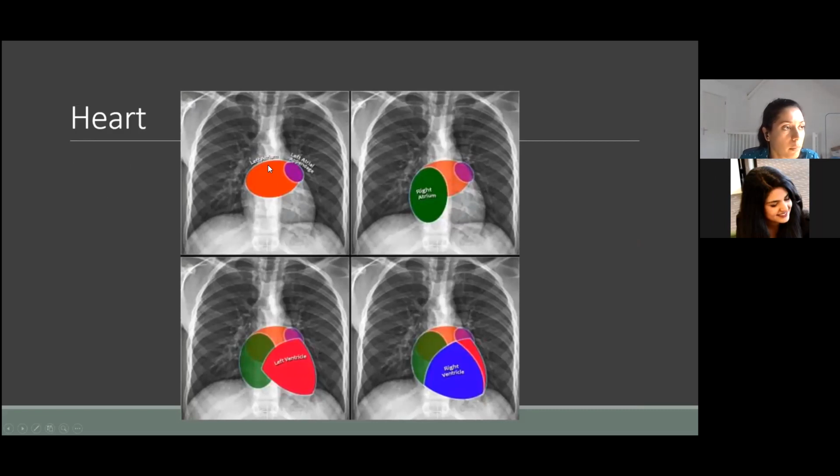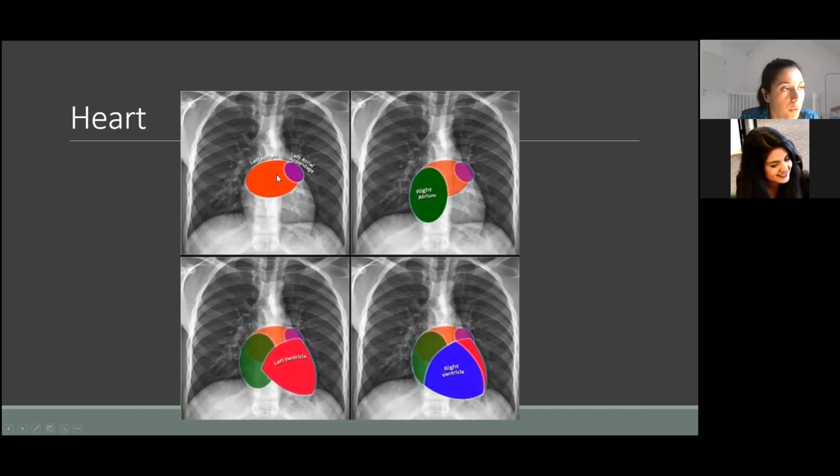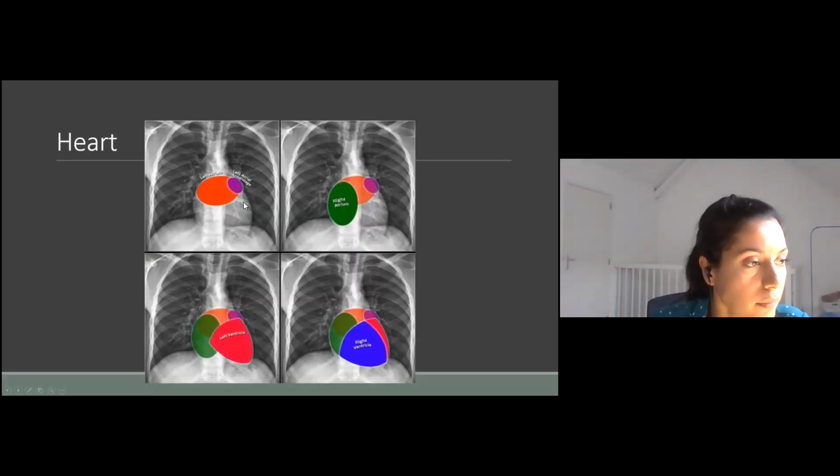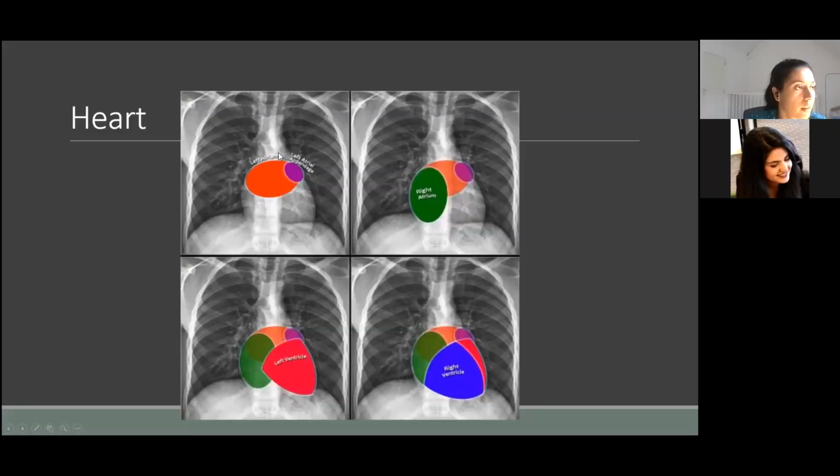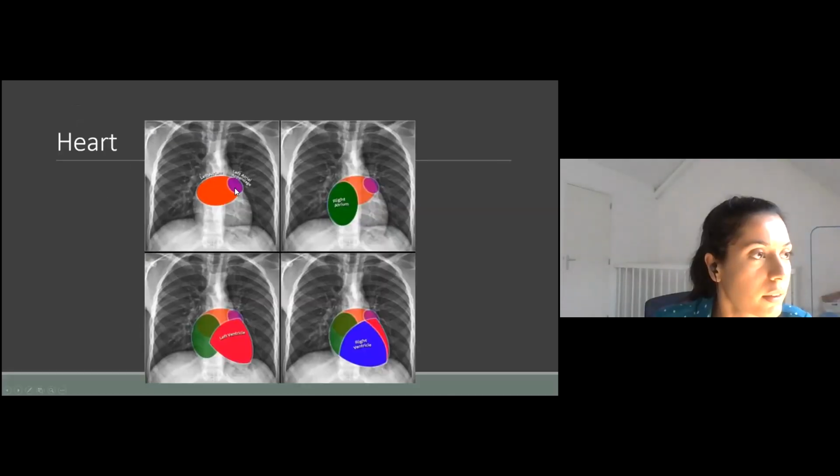We already talked about the heart and the borders, but I will repeat some of the information. The orange chamber here is the left atrium. As I mentioned earlier, the left atrium is only the posterior border of the heart on the lateral view.